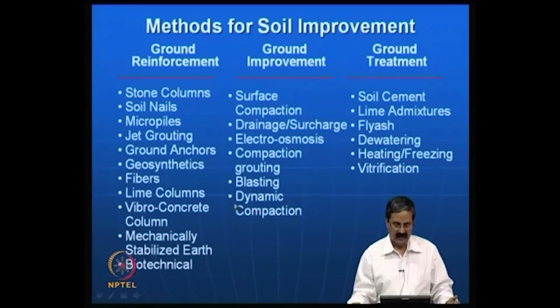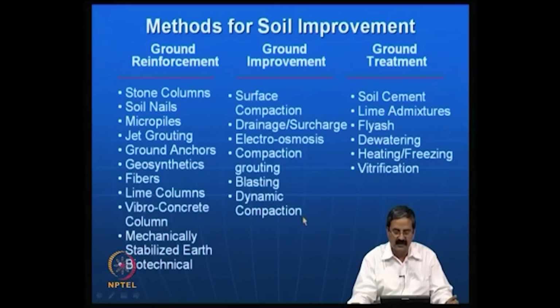Then dynamic compaction is another thing. There is a difference between surface compaction and dynamic compaction. In surface compaction, we are putting rollers there, and in dynamic compaction you put tamping weights from a height of 10 to 15 meters.